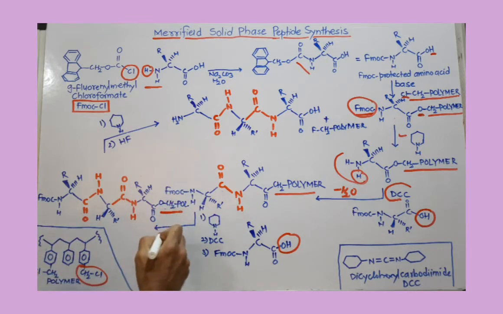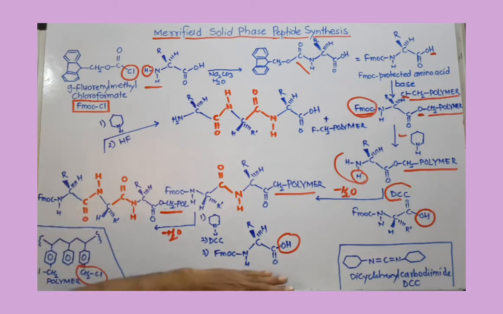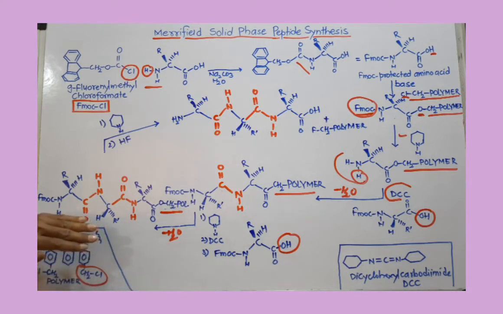So to get NH, again one H2O is removed, which is actually done by using DCC as a dehydrating agent, and this second peptide linkage is produced. So the second peptide linkage is shown here. The remaining portion you have to join likewise, which is not so difficult.